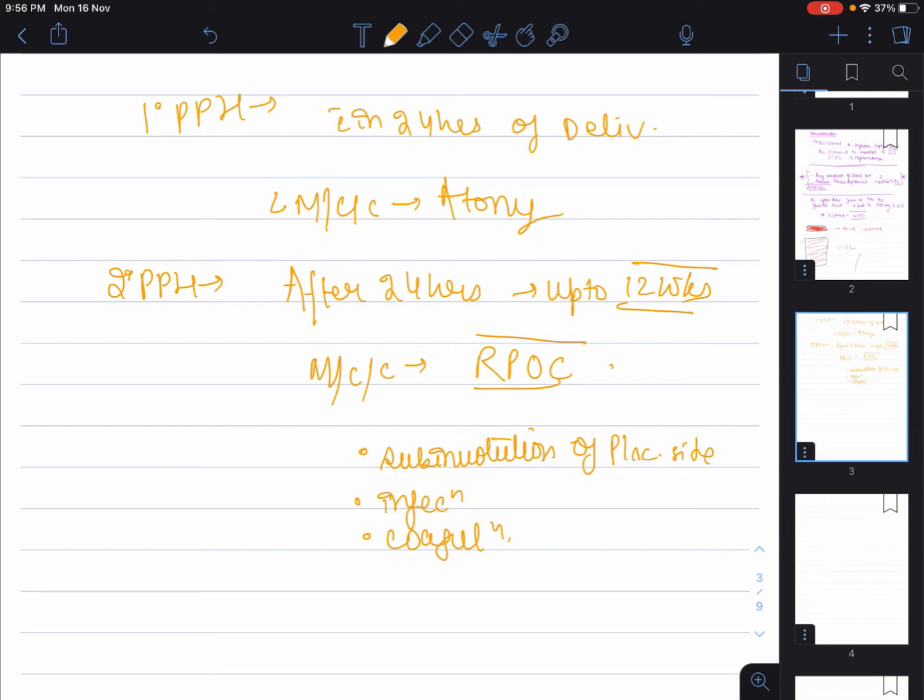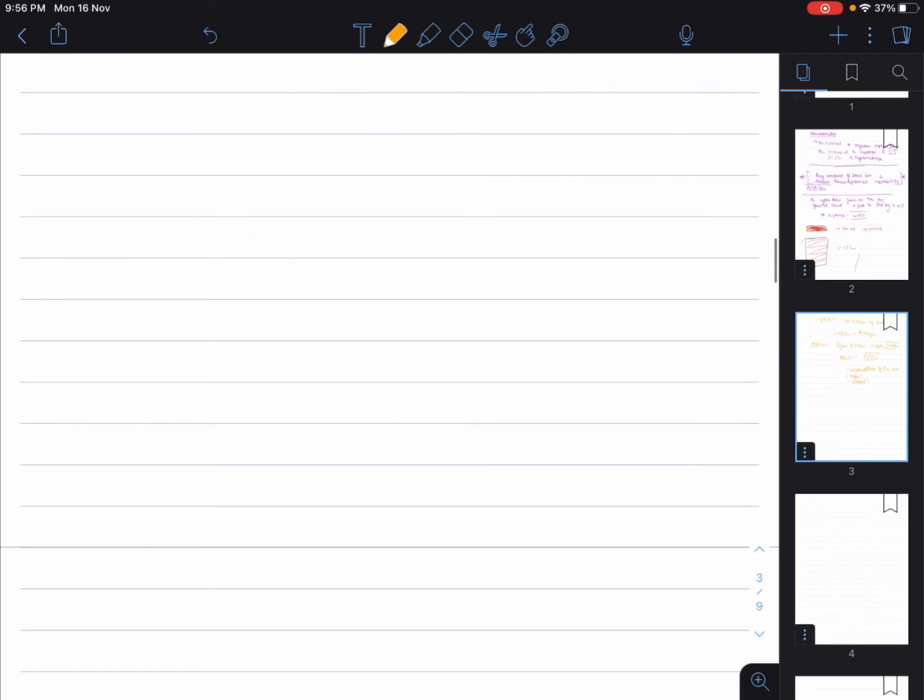Okay, then we come to the different classifications of hemorrhagic shock, right? How do you know that the patient you're dealing with has undergone mild, moderate or severe hypovolemic shock?